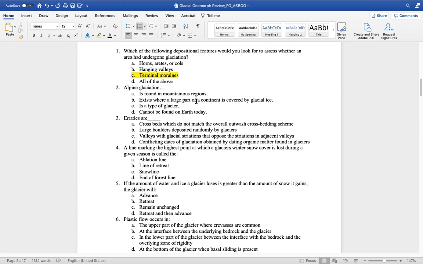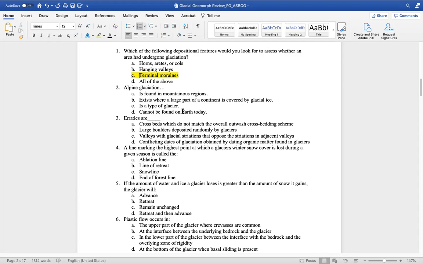Exists where a large part of a continent is covered by glacial ice. Alpine glaciation is restricted by the subglacial land surface. In other words, it is constricted by valleys and mountains, and so we see that in mountainous regions.